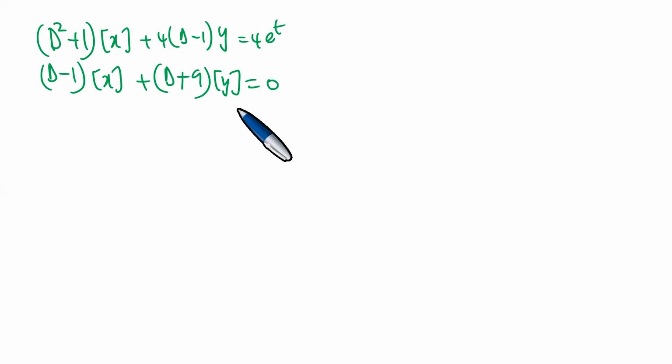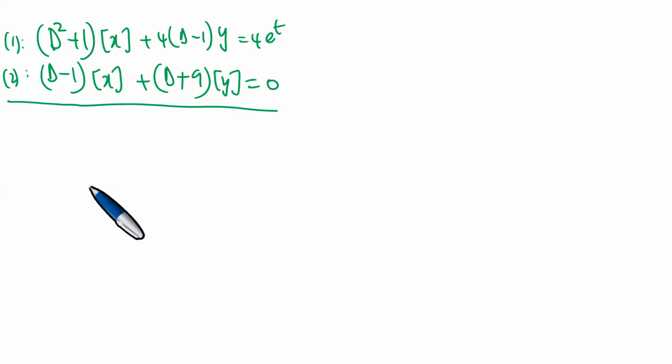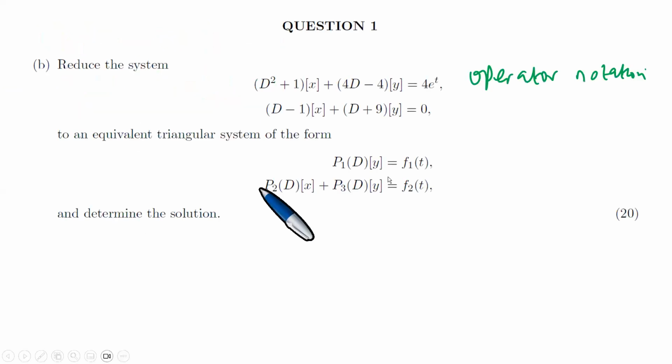We need to convert it to a triangular system. Let's call this one equation 1 and this one equation 2. Sometimes it helps to just draw a line here rather than write too many words, and you can speak in symbols. At this point, we want to eliminate x totally in one of the equations because they're in terms of x and y.